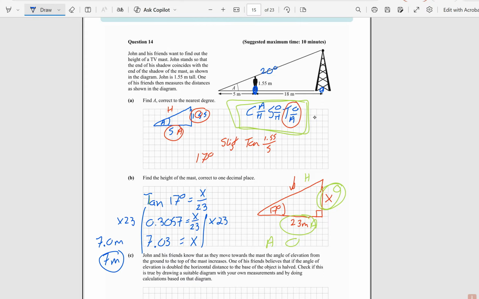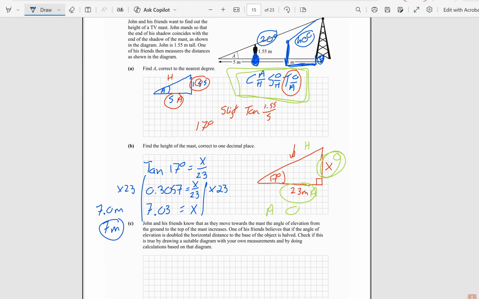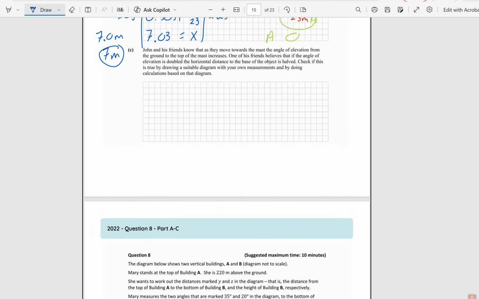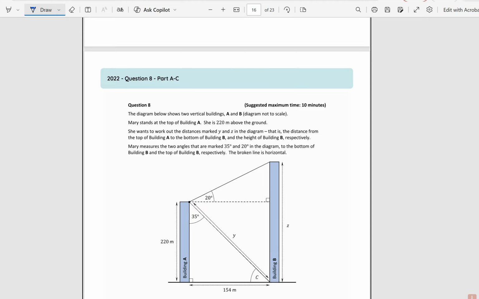Well, if the angle of elevation doubles, so let's say he moves in to here until it's 40 degrees. So that means the 20 doubles to the 40. Well, then what he's saying is that 18 from here to here actually halves. So he's only 9 out as opposed to 18. So what you can do is draw that out with your compass and protractor, etc., and see if that's true. They don't give you much room, by the way, but look, if you can't.